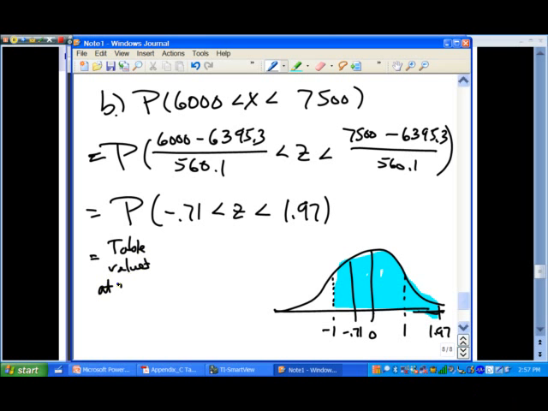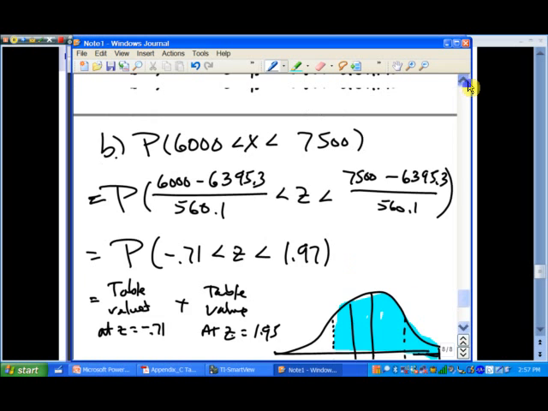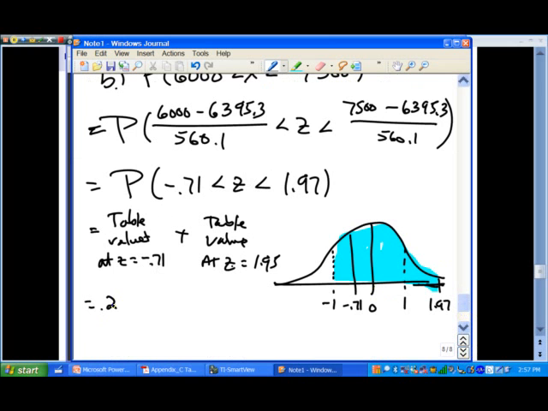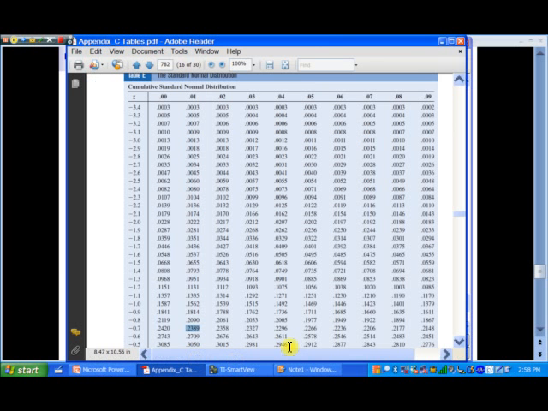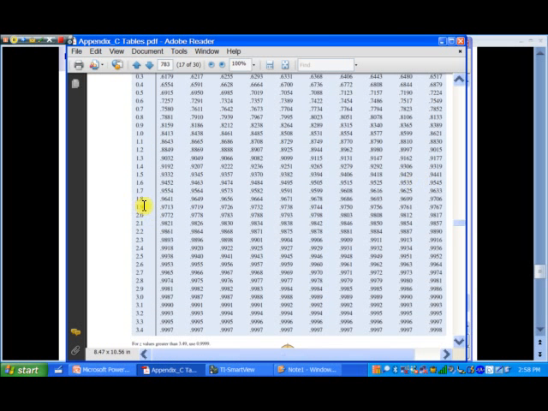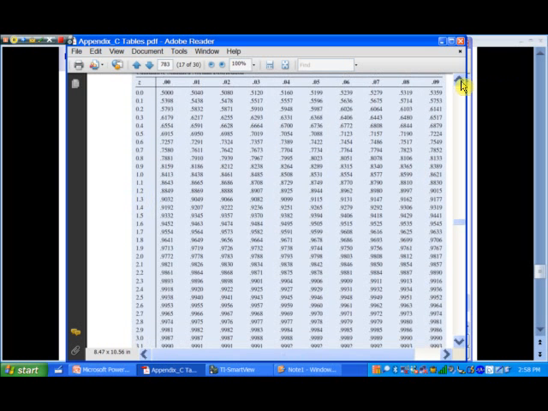So we'll get the table value at z equals negative 0.71 plus the table value at z equals 1.97. Let's see, we already know what it is at negative 0.71. We found that earlier in part A. It's 0.2611. Plus, now we have to look up the value at 1.97. So we'll grab our normal table again, scroll down till we get to 1.9.